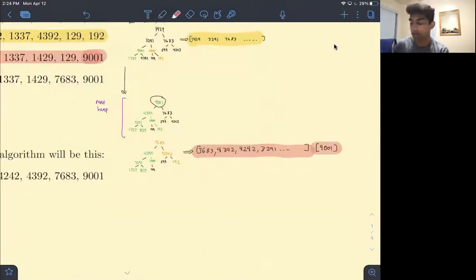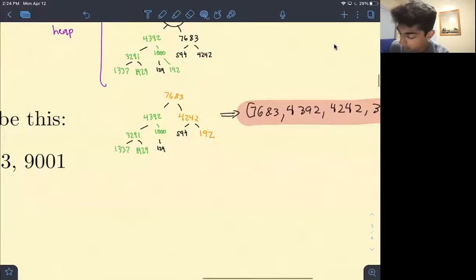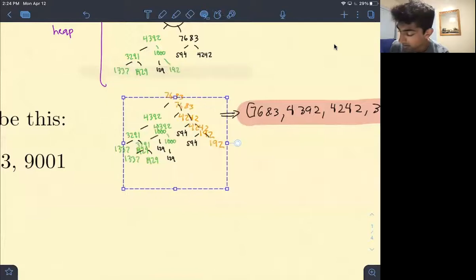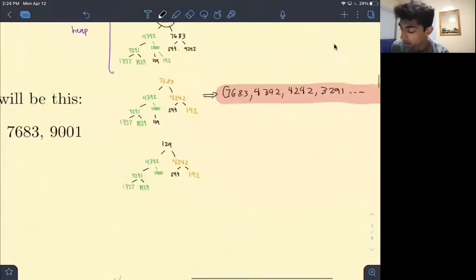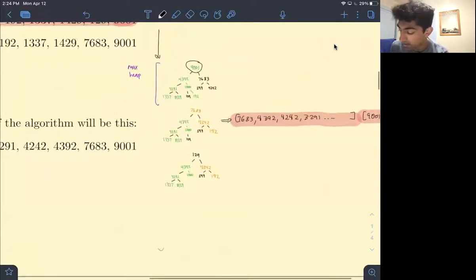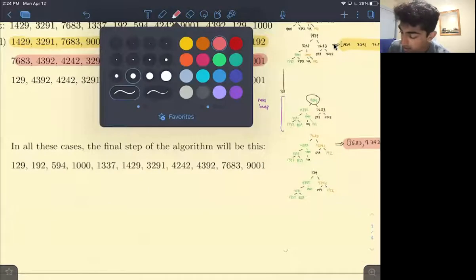Because it belongs there. Okay, so now let's do one more step of this heap sort. The next step, what's going to happen is we're going to remove 7683. We're going to put 129 there. And that is going to be the final state that's shown here.